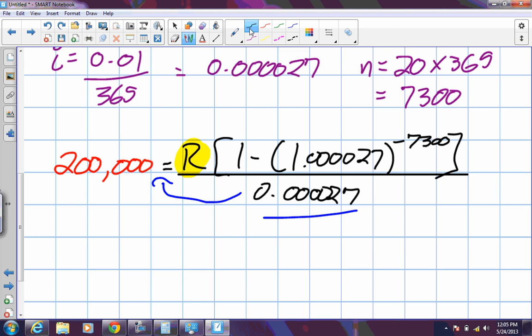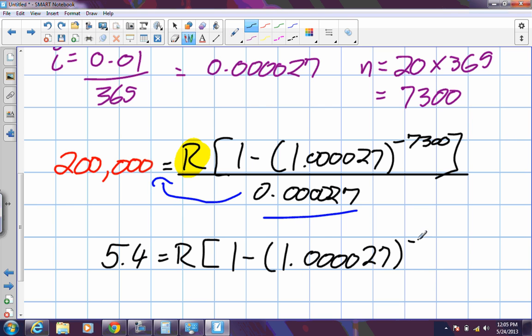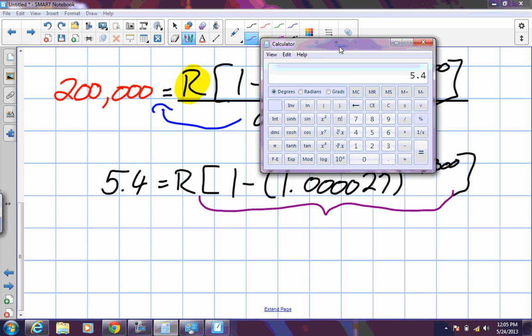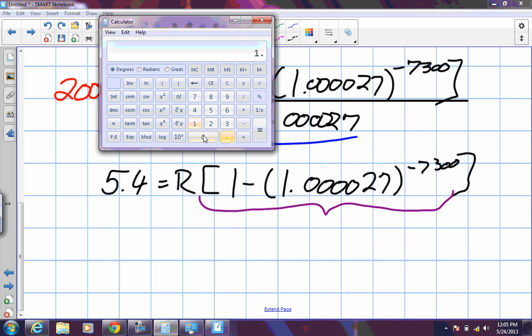That is equal to our regular payments times this part here, which we can calculate in one step on our calculator. 1.12347 to the power of negative 7,300 is equal to, and we need to subtract 1 from that number.